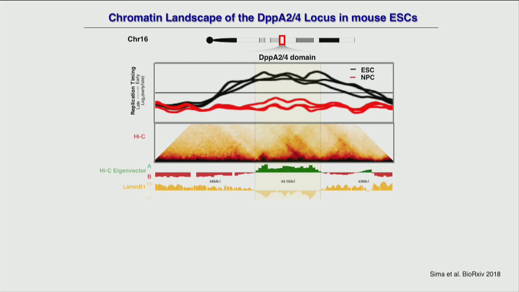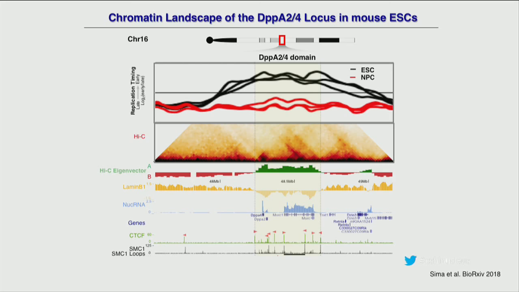It corresponds nicely with these TADs, which are located in compartment A, and they are not far away from the nuclear lamina. It has three active genes, DPPA4, DPPA2, and MORC1, and MORC1 has an alternative transcription start site.